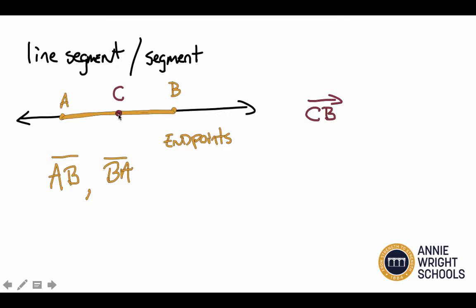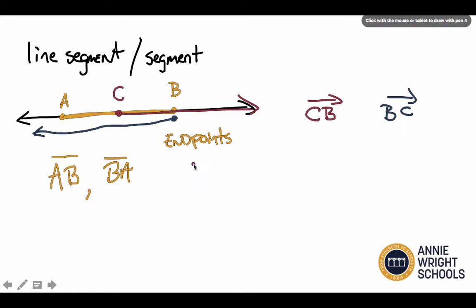Ray CB starts at C and goes forever in the direction of B. Notice that ray BC would look like that, and while they would overlap at all the points in between C and B, they would not be the same ray. So BC is a very different ray. Good? Notice though we write it with the endpoint of the ray first.